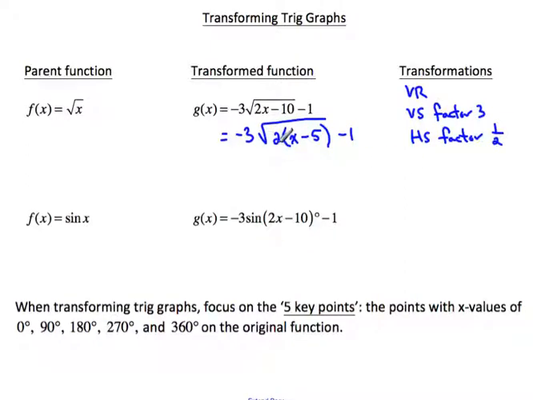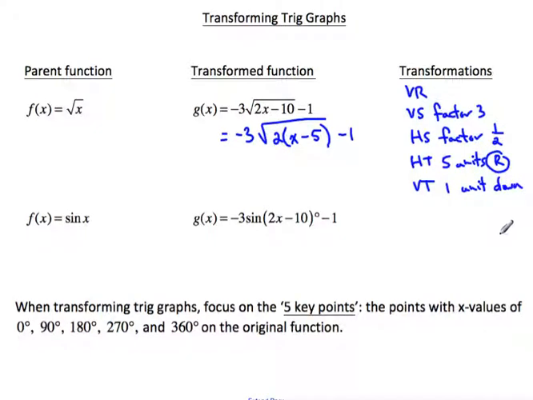So this is not a horizontal stretch of factor 2, it's a horizontal stretch factor 1/2. And similarly, replacing x with x minus 5 gives us a horizontal translation of 5 units to the right, because it's negative 5. If it were x plus 5, it would be 5 units to the left. Again, counterintuitive. And then the negative 1 is a vertical translation, 1 unit down.